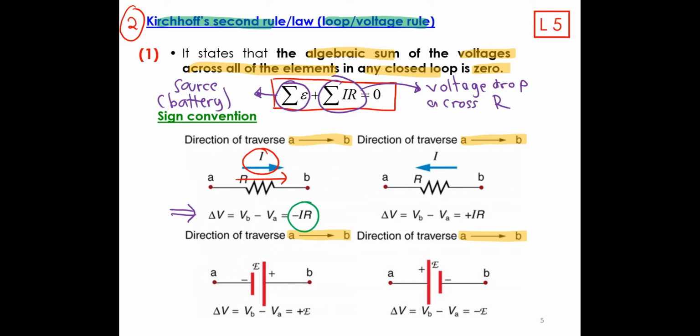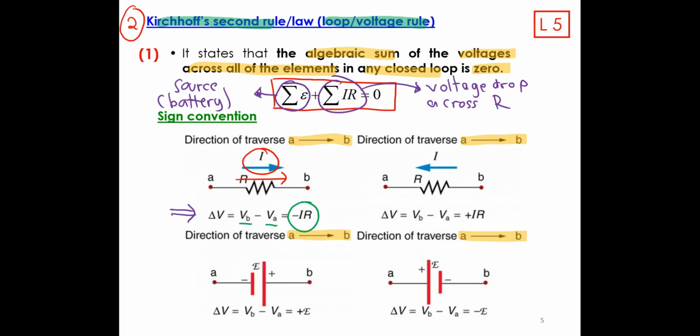Potential difference is final minus initial, VB minus VA. Simple: if the current and traverse are in the same direction, the potential difference is negative.